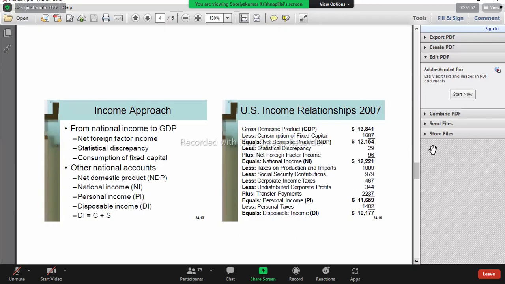They are sending money to our country. They are giving their labor to produce in a foreign country, but for the labor, they get compensation. That compensation comes to Sri Lanka. That we should include in the national income, not the GDP.